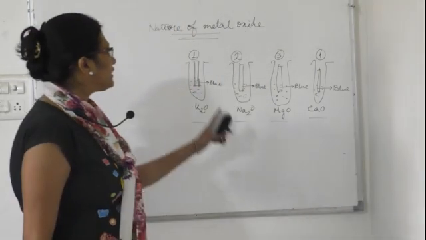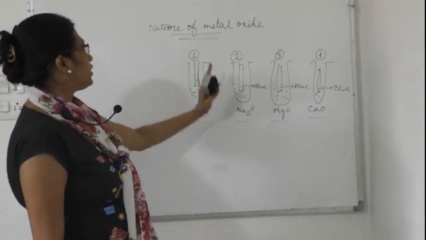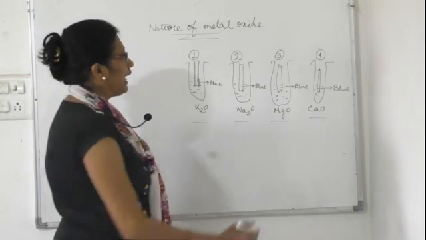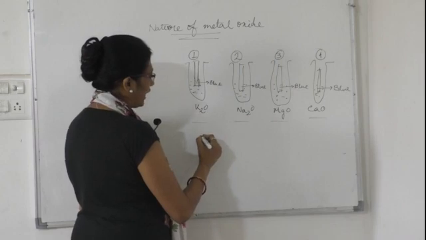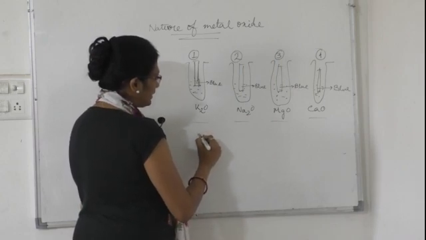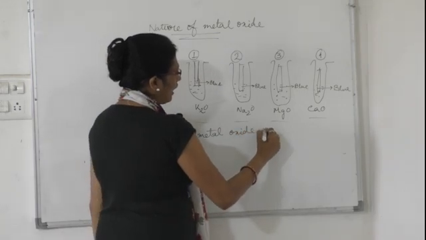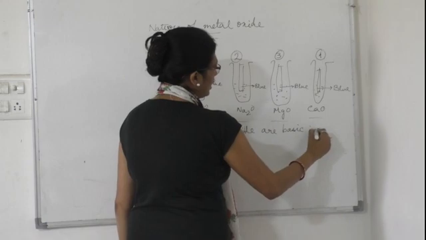So in this way we came to know that the oxides of metals are basic in nature. That is why it is making red litmus blue. So we can write that metal oxides are basic in nature.